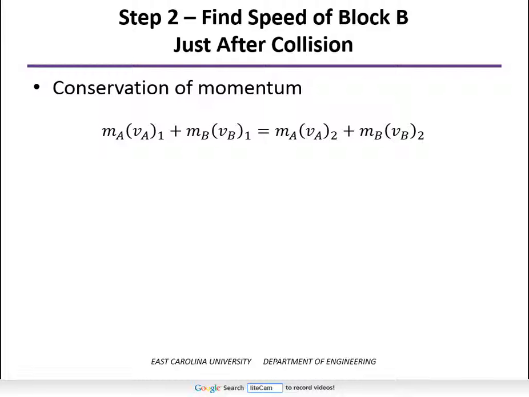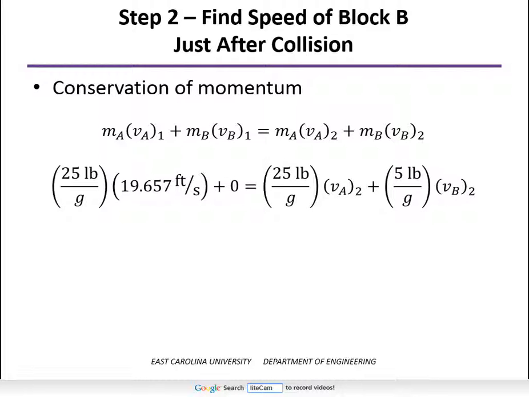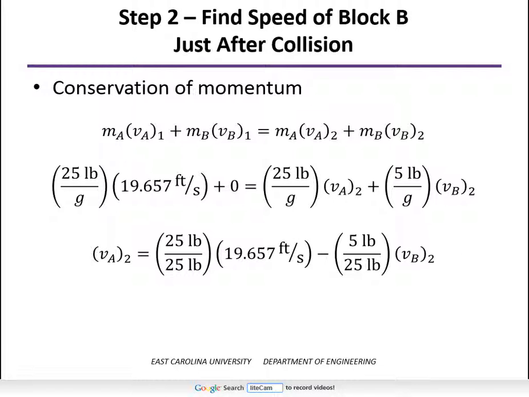So by our equation from the conservation of momentum, entering the things that we do know here, and in this case the g will cancel out from all the terms, we don't actually have to enter that in, what we get is an equation for one of the final velocities in terms of the other. So we have VA after the collision as being equal to this formula that we have here, which includes the velocity of B right after the collision.